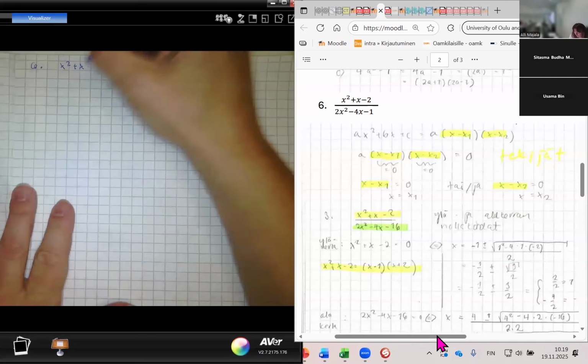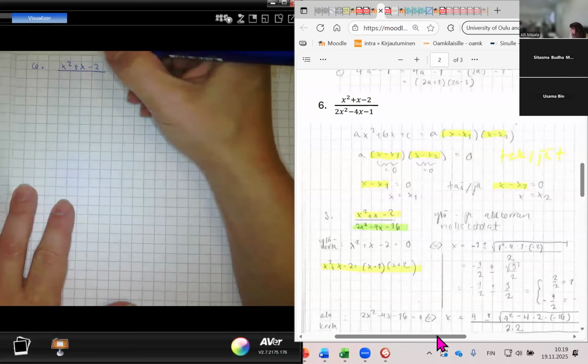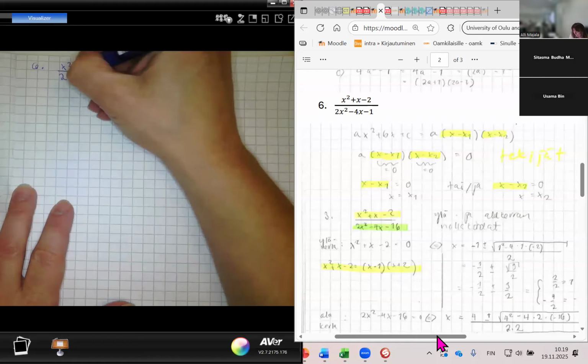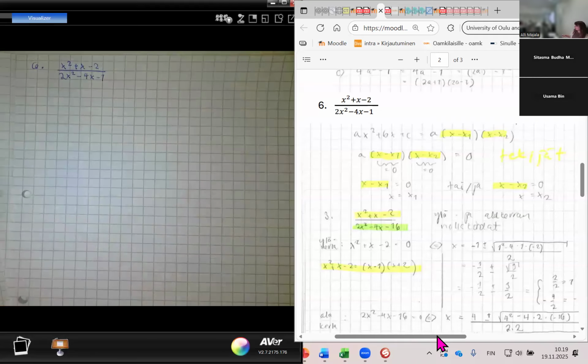This is just some kind of mathematical language interpretation. So then we would need to use this kind of dependency.